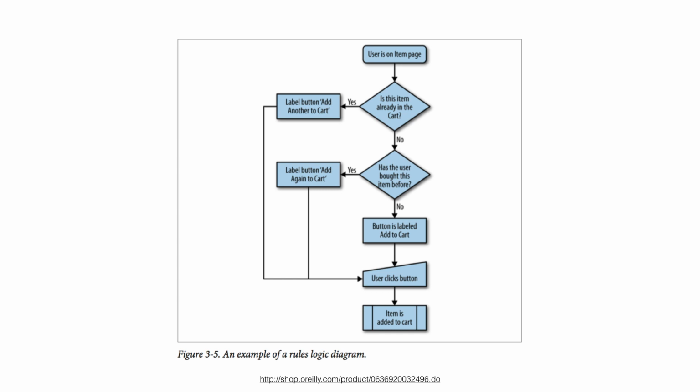Rules can be described, of course, as logic diagrams like here. So this is an example of placing elements in a shopping system. And one of the rules here is that there's a UI change. So if you already have placed something in your shopping cart, maybe it's not just buy this, but then it's add another one to your cart.